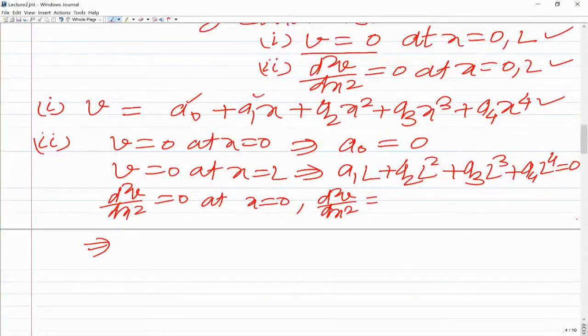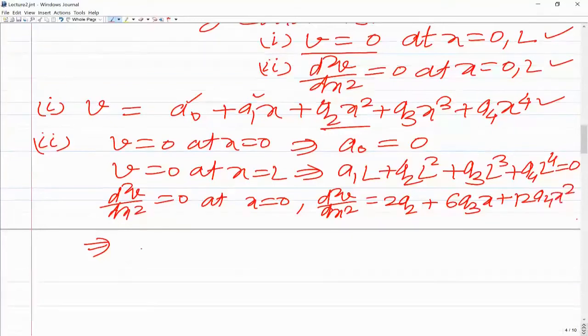The second derivative of the next term is 2a2, then 6a3x, and then 12a4 x square. So that is the second derivative. Now if you put x equal to 0 in this, you get 2a2 equal to 0, and that gives a2 equal to 0. So a2 is also 0.